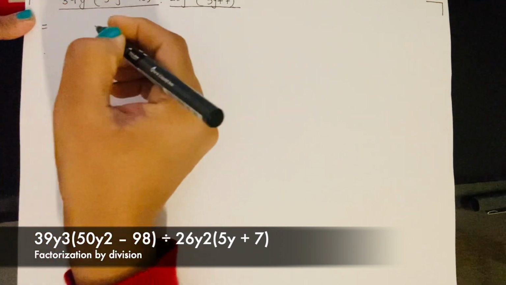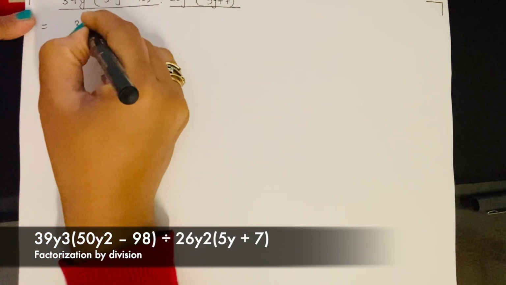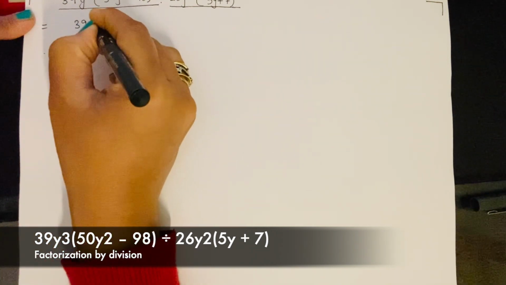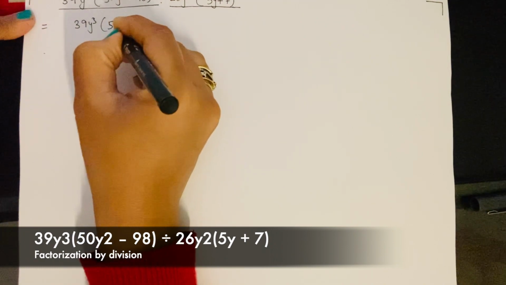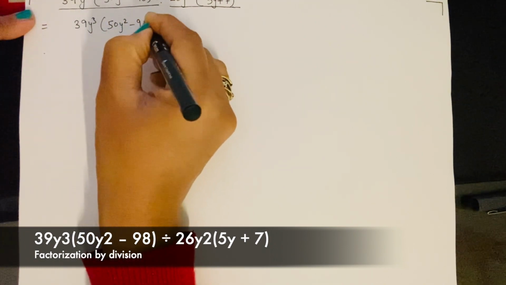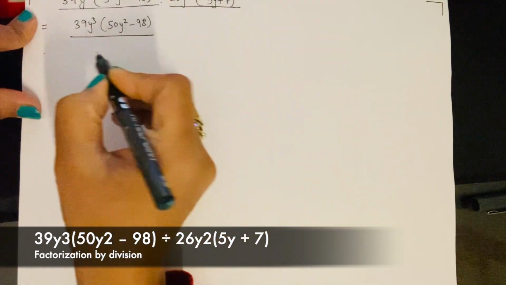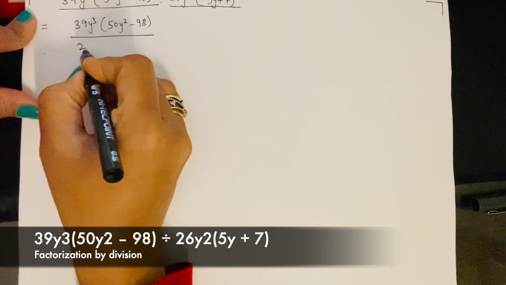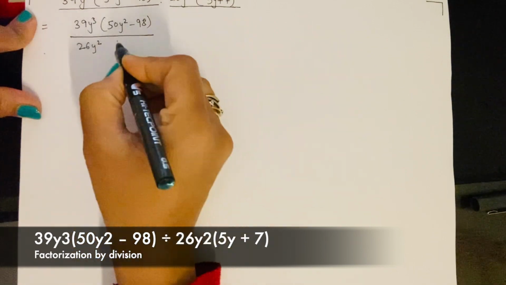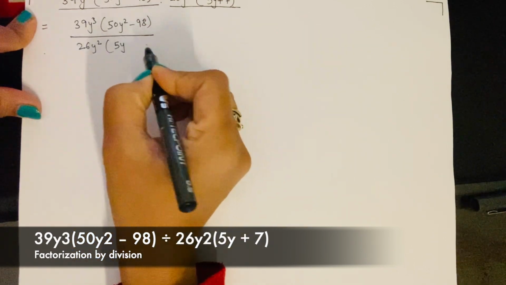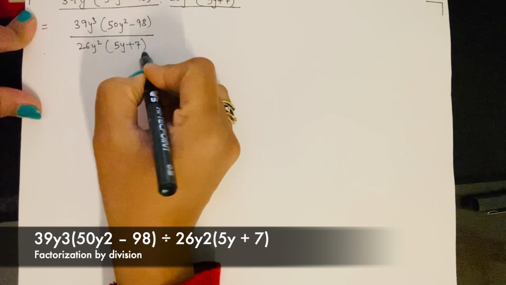So let's first write in the correct format: 39y cube, 50y square minus 98, then divided by 26y square, 5y plus 7.